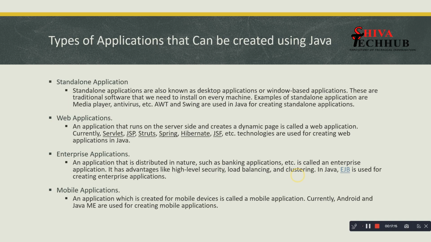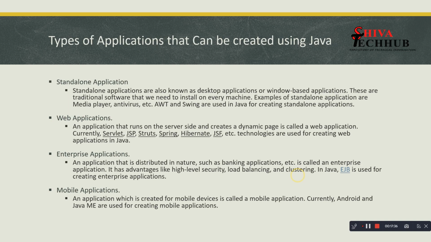Load balancing generally is, whenever an enterprise application is deployed in multiple regions, there should be a way to balance the activity that is coming from multiple systems and multiple regions. That balancing concept, we call it load balancing.